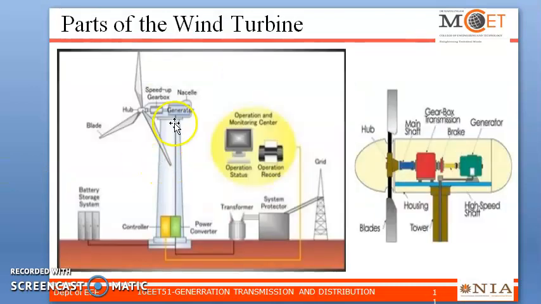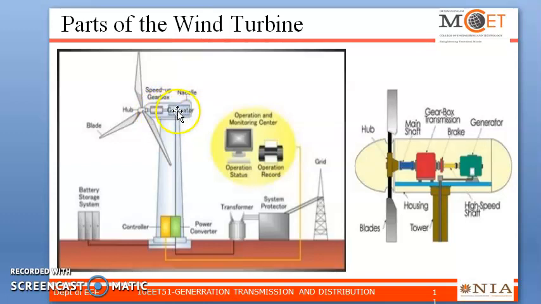This is the basic construction of a wind turbine. The vertical tower is there, and the power converter is placed at the bottom of the tower. It is connected to the hub, and the hub has 3 blades. After that, it is connected to the generator. In this section, the rotational energy goes through the gearbox, which is connected to the generator.